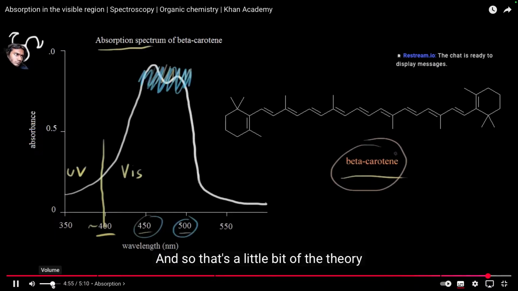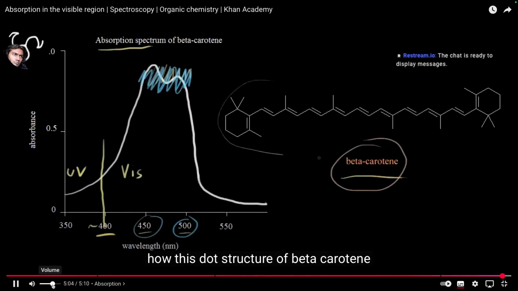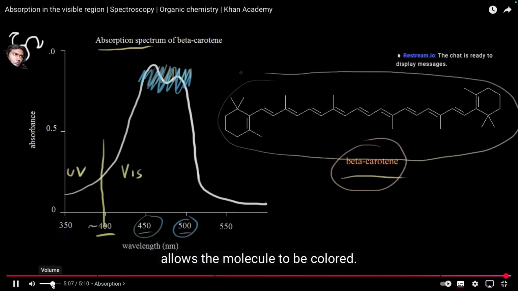And so that's a little bit of the theory behind why we perceive something as having a certain color. In the next video, we're going to talk about how this dot structure of beta carotene allows the molecule to be colored.